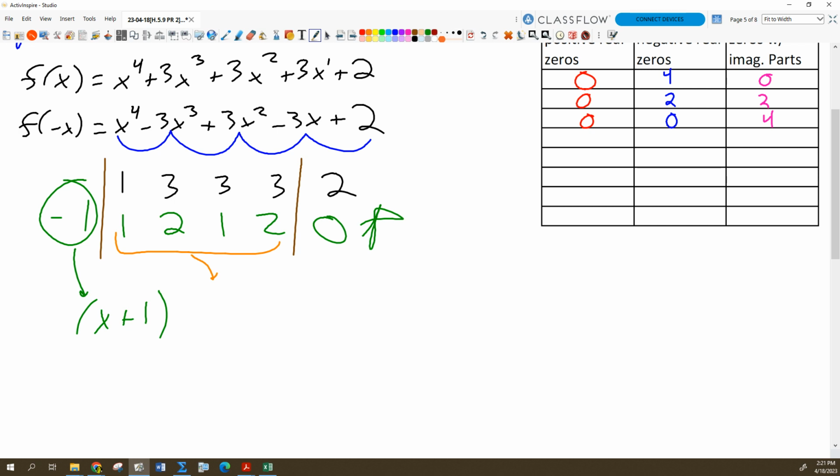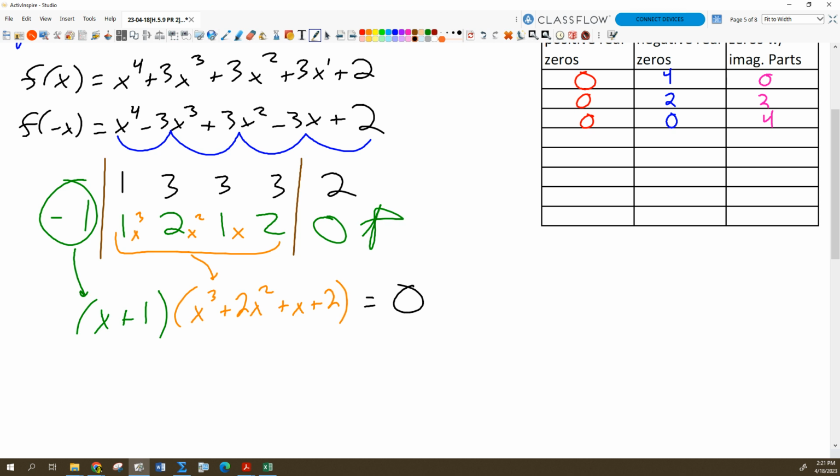That's my constant, right? That's the remainder is 0. So constant, coefficient of x squared, coefficient of x cubed, right? So I get x cubed plus 2x squared plus x plus 2, all that stuff equals 0.